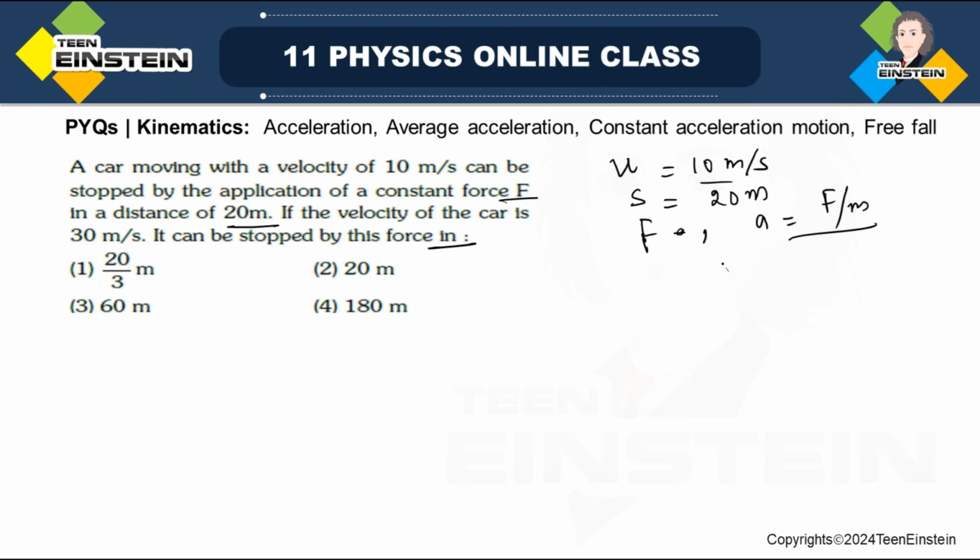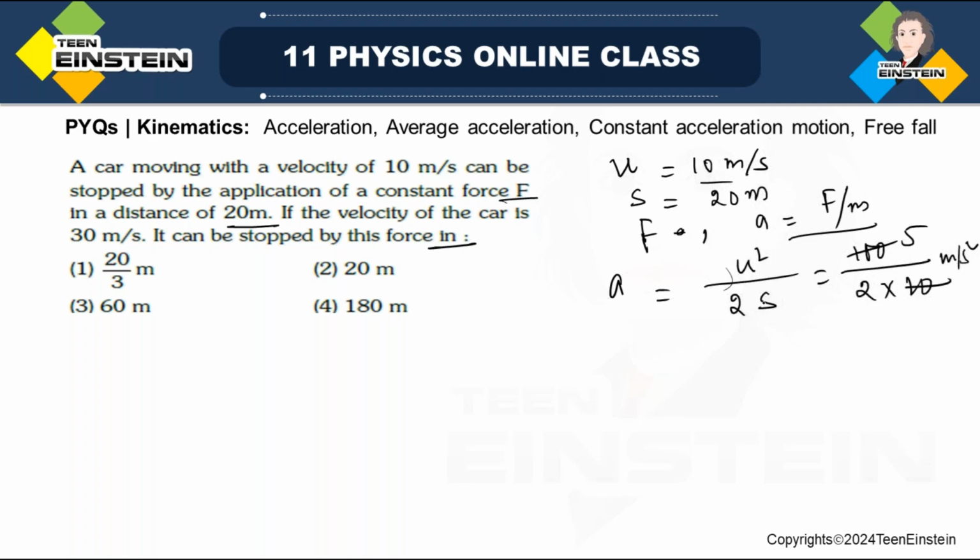Let me find out here. Actually we have to find out the acceleration. So acceleration will be u square by 2s, as you know. So u square is 100 divided by 2 into this. Okay, so this will be 5 by 2 meter per second square.